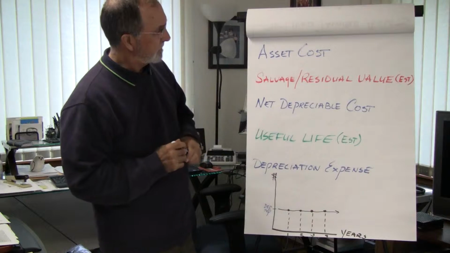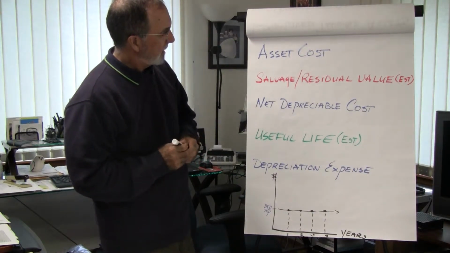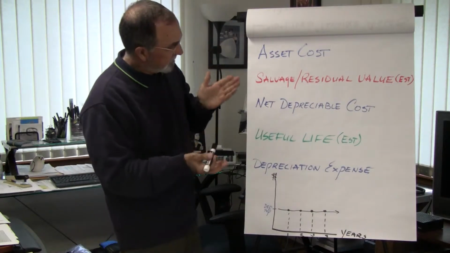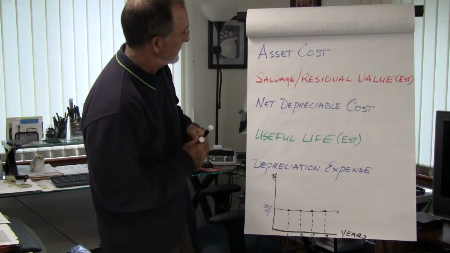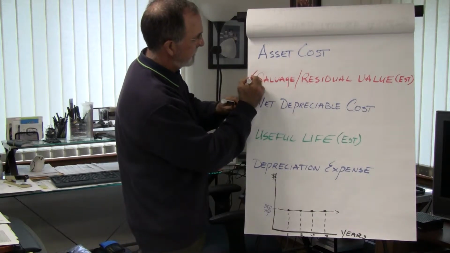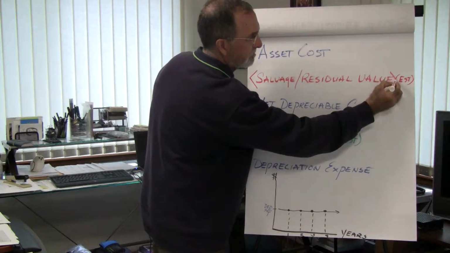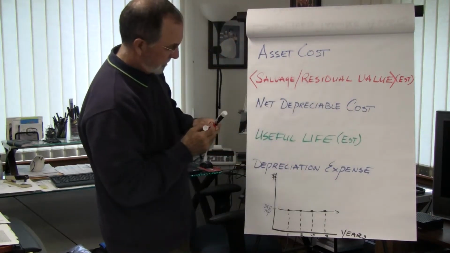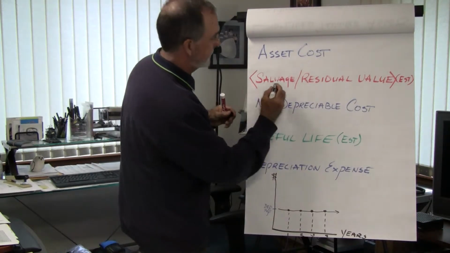So that's the amount that we start with, the asset cost. And this is a calculation. The first thing we do is subtract our salvage or residual value.